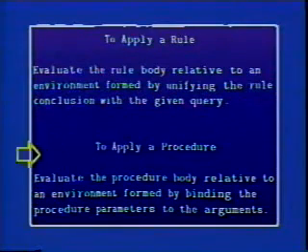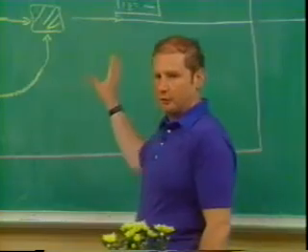To apply a procedure, we evaluate the procedure body relative to an environment that's formed by binding the procedure parameters to the arguments. There's a complete formal similarity there between rules, rule application, and procedure application, even though these things are very, very different.